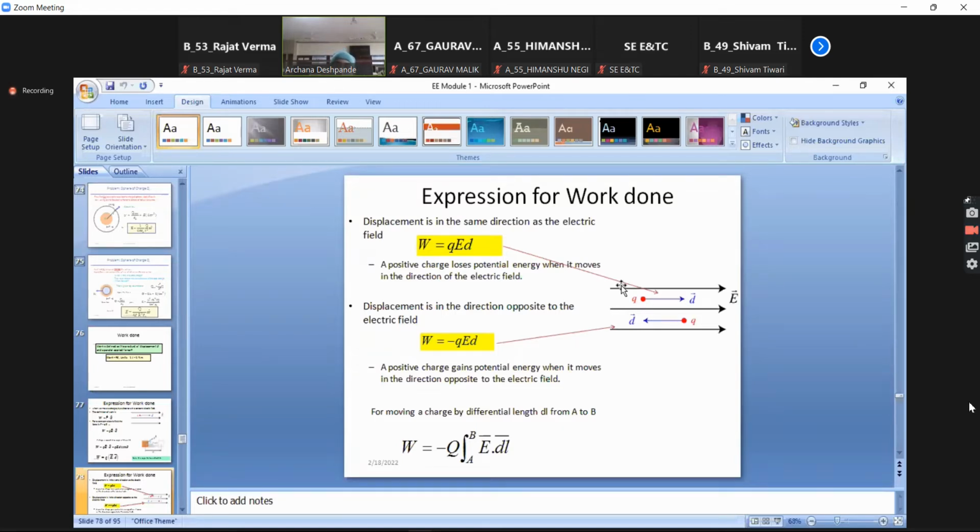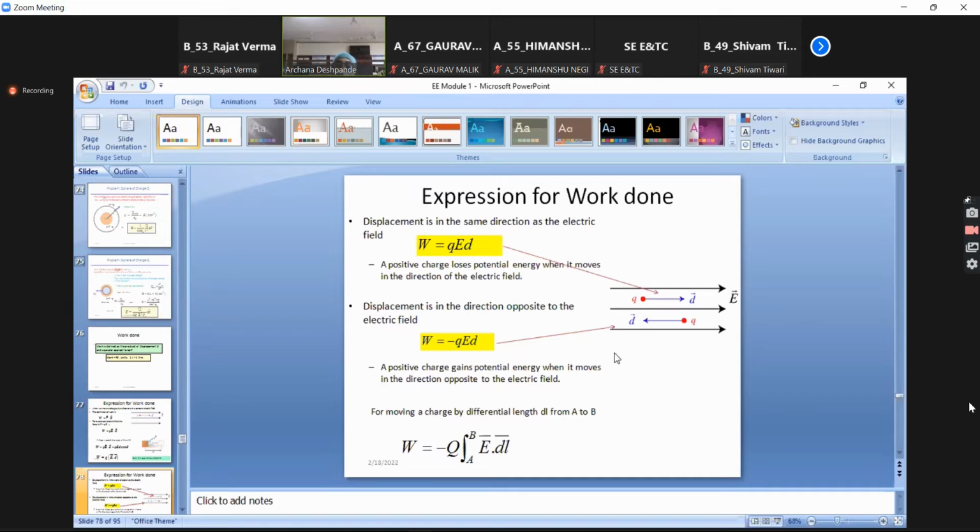Energy spending is done by the force which is existing. Therefore, we say that there is a positive charge loss when it moves in the direction of the electric field, and whenever the charge is moved against the electric field, then we say that the positive charge gains the potential energy.